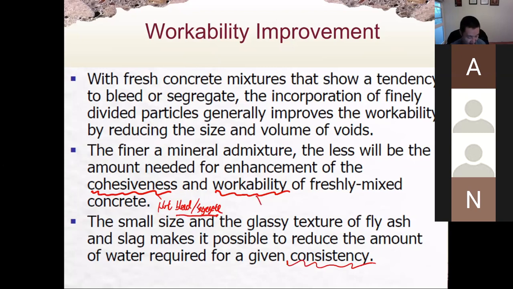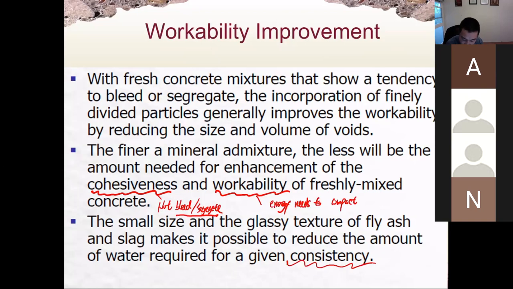Workability is defined as the energy needed to compact concrete. So we can say the concrete has good workability, which means the energy needed to compact concrete is less.